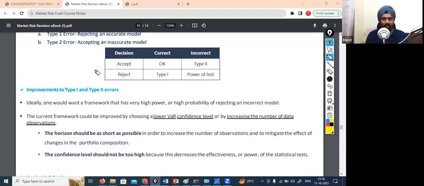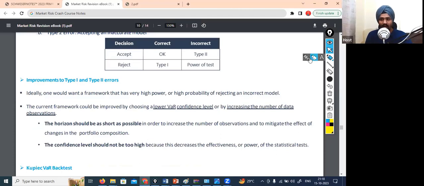But the current framework, whatever the situation that you are in, could be improved by choosing a lower VaR confidence level or increasing the number of data observations. When you have a lower VaR confidence level, understand, now I'll just draw certain things.